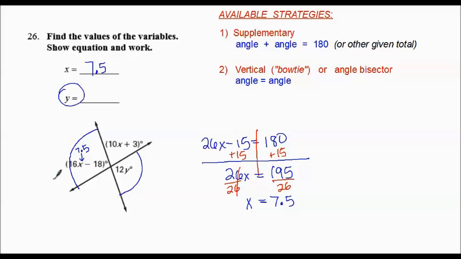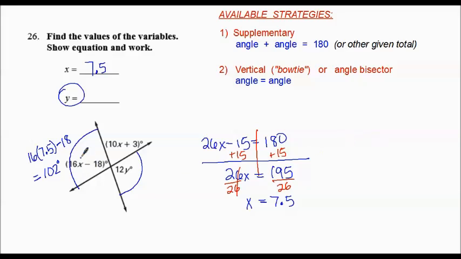I'm just going to go ahead and figure out what that is. So that's 16 times 7.5 minus 18, which is equal to a measure of 102 degrees.